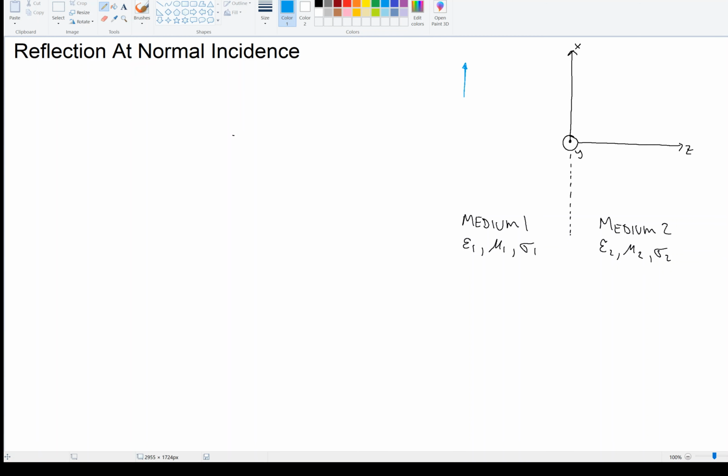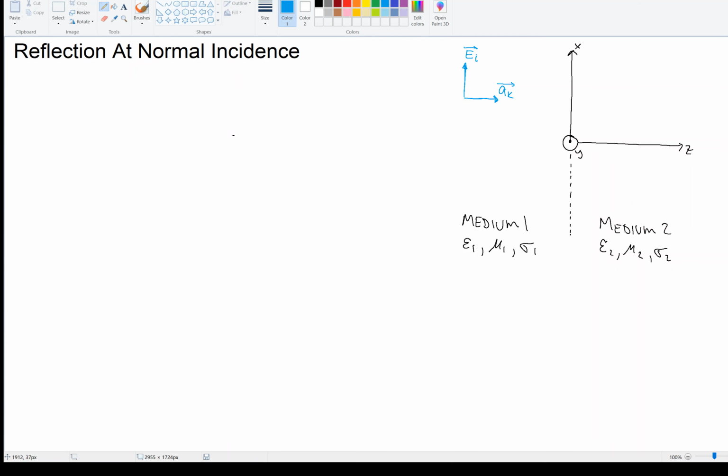Now, suppose our wave is approaching, so I'm drawing that arrow right now, and so it's approaching the interface, and we're going to use k to represent the direction of propagation. And so that's a k, a unit vector towards propagation. Here's the incident electric field.